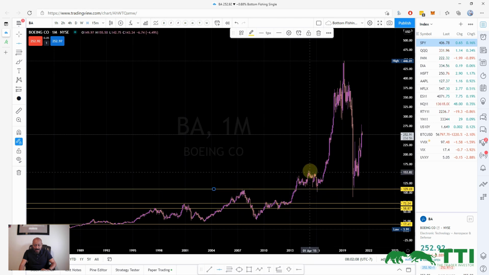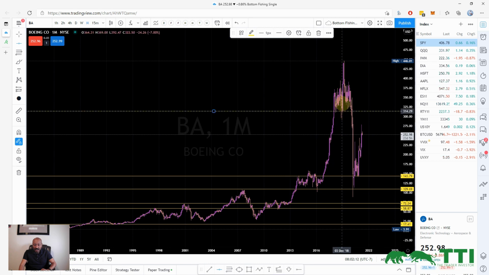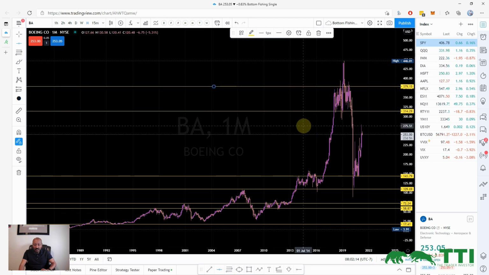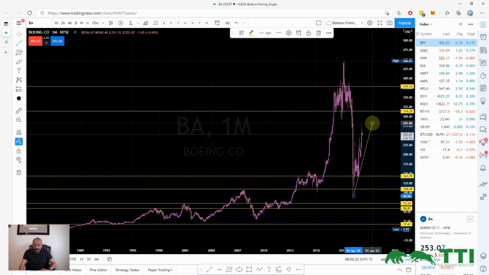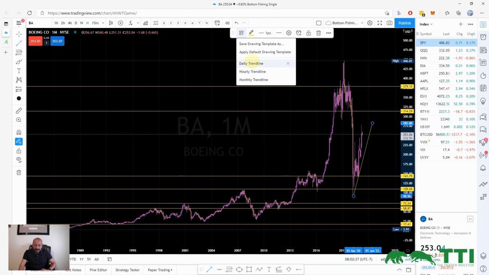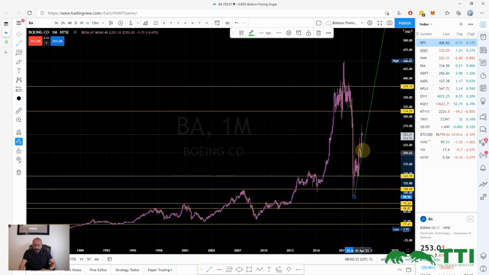It doesn't have to be extremely precise. Because I am entering this for a long-term hold, I just want to know where we are in terms of area of value and in terms of structure. This is all I care about. So where are we in terms of area of value?